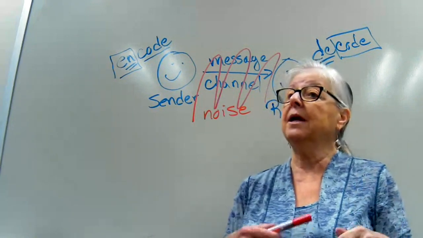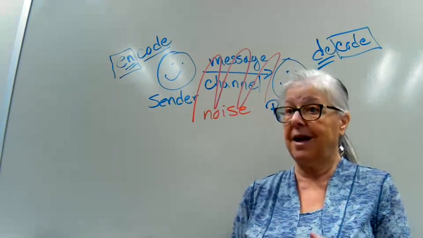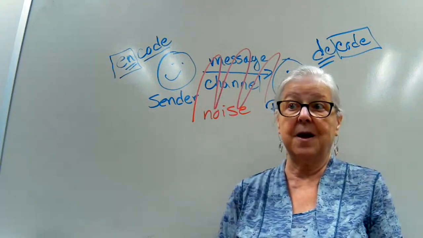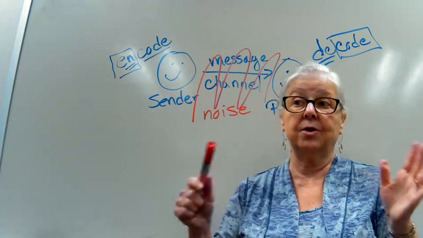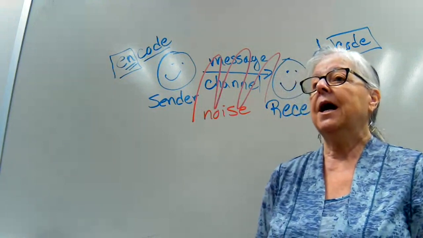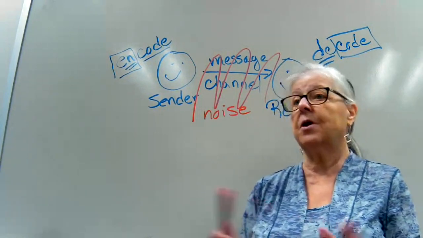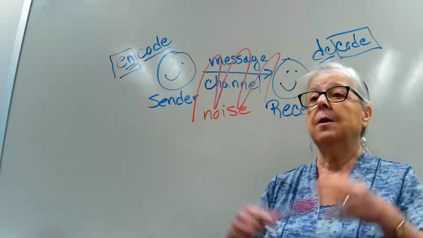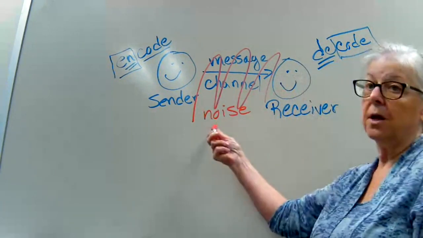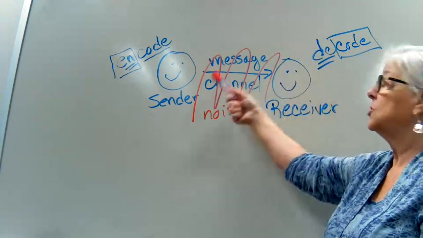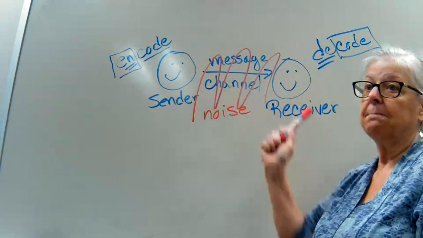So it could be an attitude or a psychological bias against the sender of the message that could get in the way. And then there's cultural, there's social, there's all kinds of other things that could prevent the message from being received accurately, and that's what we call noise, okay?